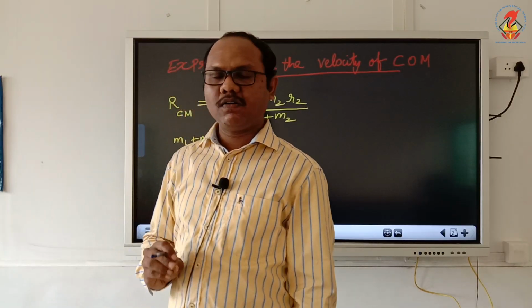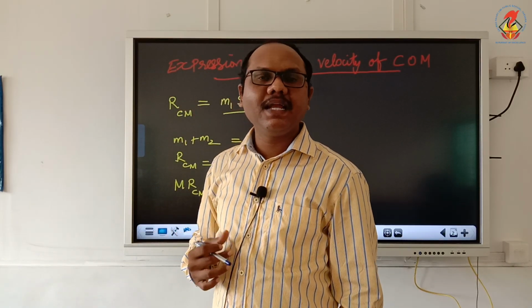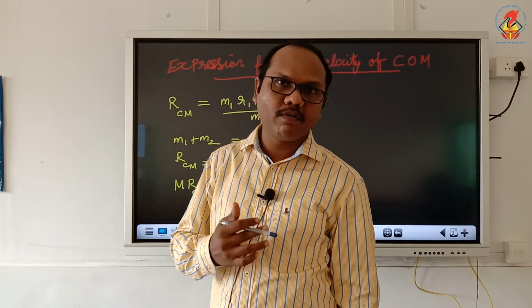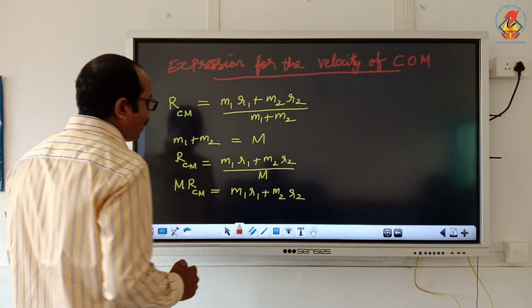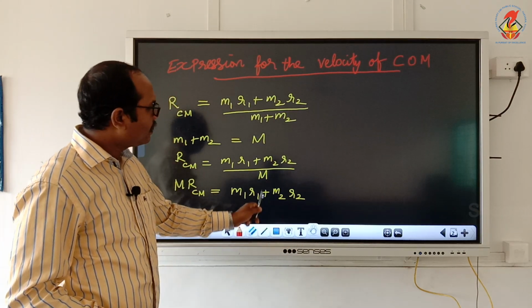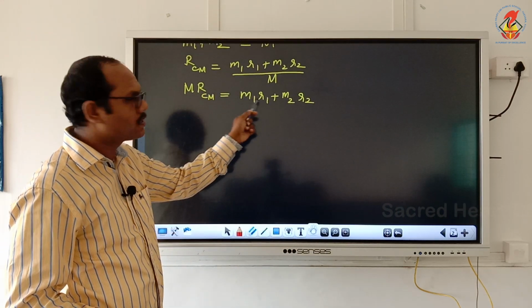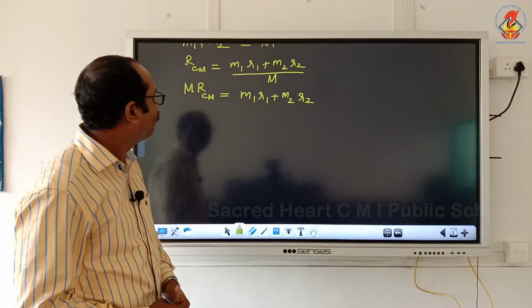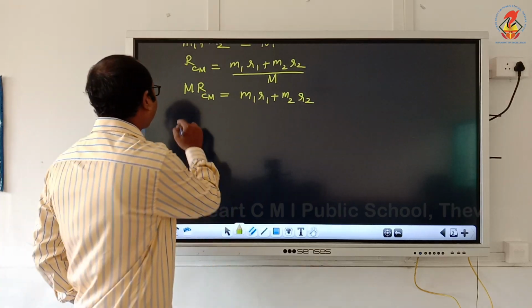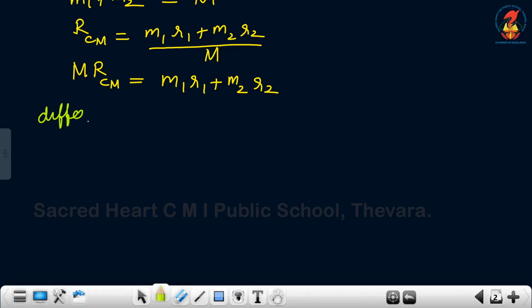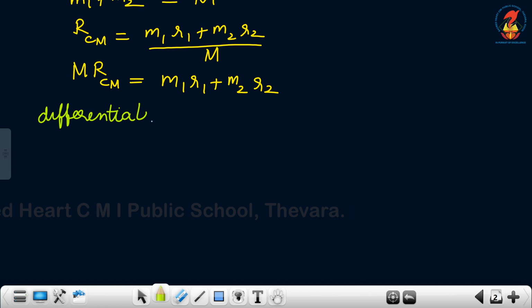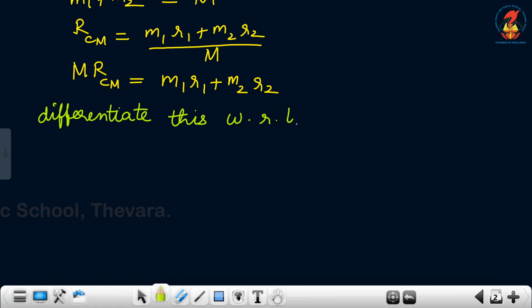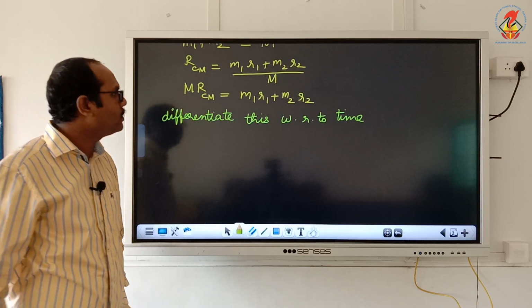Expression for the velocity of the center of mass. We already studied that the rate of change of position is called velocity. Therefore, I got the expression for the position, this one, and now I am going to differentiate it with time. Differentiate this with respect to time.